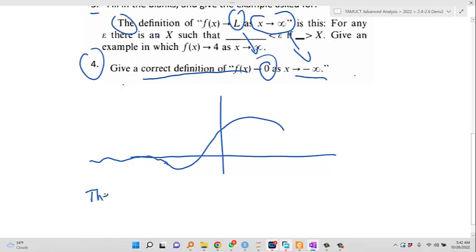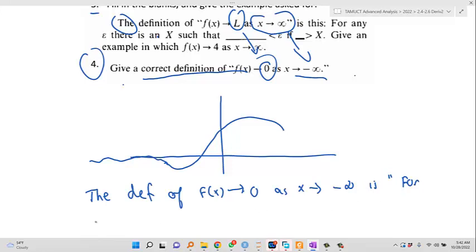So I can just say the definition of f of x goes to 0 as x goes to minus infinity is, for any epsilon, and we should probably put epsilon greater than 0, but he just said for any epsilon, there is an x such that, now before we had L, now we have 0.